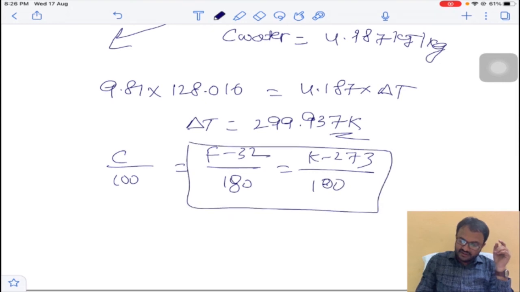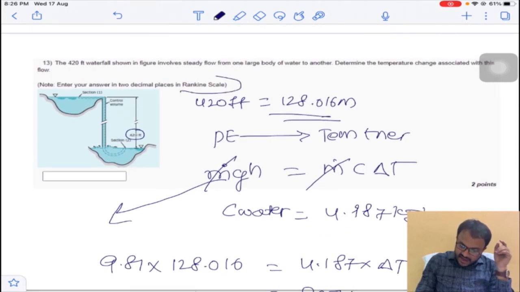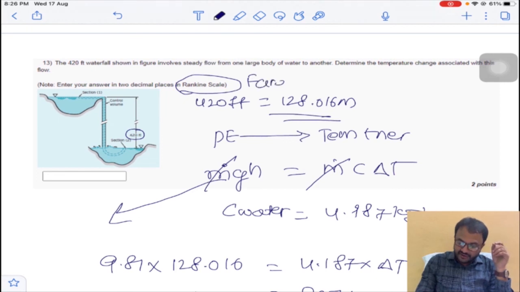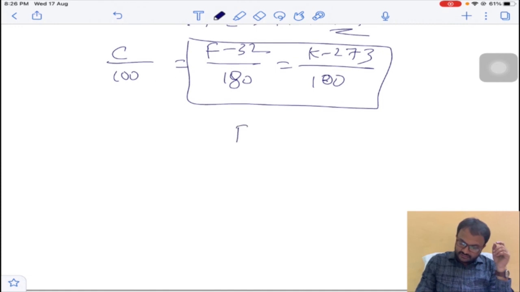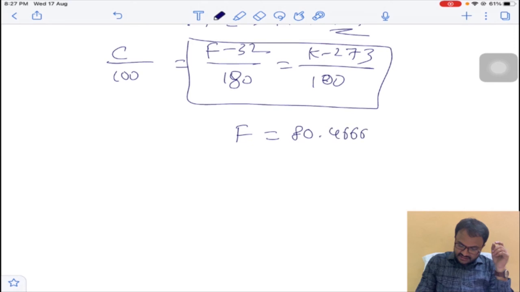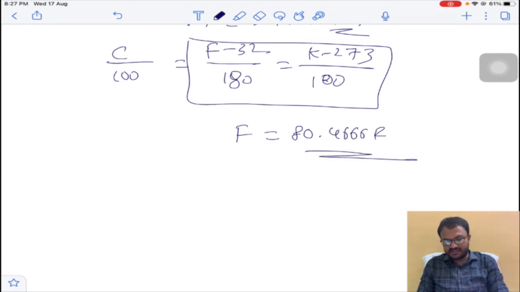This is a conversion. He asked for the Rankine scale, so we need to substitute the value in Fahrenheit. We need to calculate F, which is 80.4666 Fahrenheit. So the answer is 80.466. Clear? Now the last question.